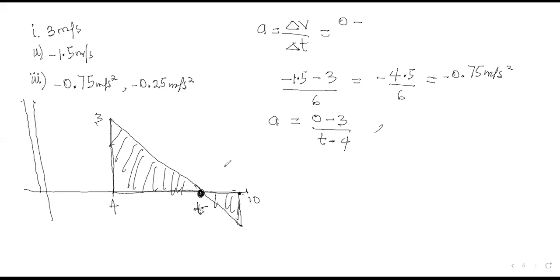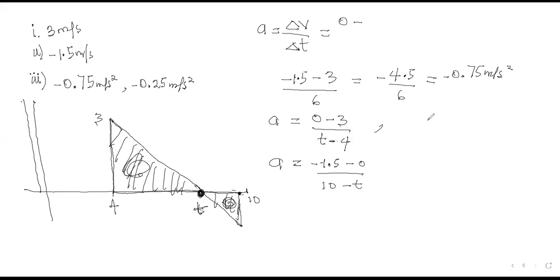When I use the smaller triangle, I can also use this to find out the acceleration. Change in the vertical, which is negative 1.5 minus 0, over change in the horizontal, which is 10 minus T. Once it's that same straight line, the acceleration of this must be equal to the acceleration of this.